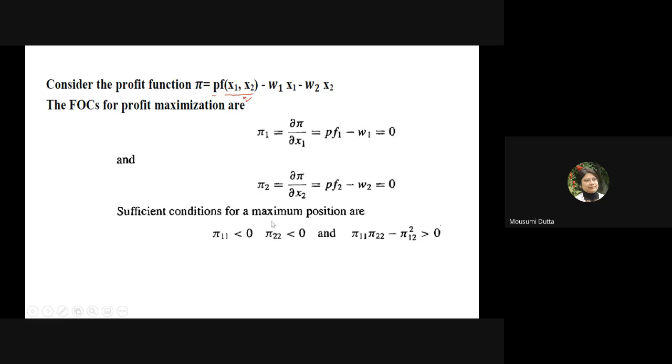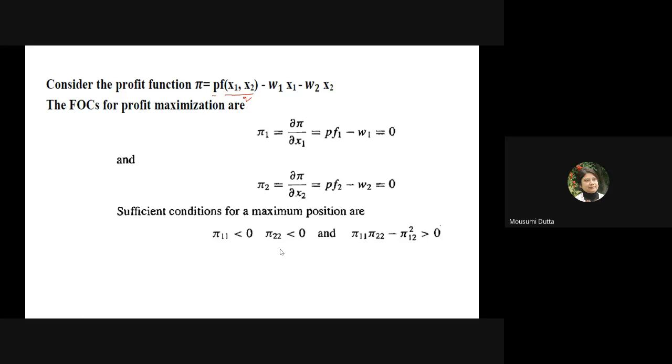Sufficient conditions for a maximum profit will be given by pi 1 1 less than 0, pi 2 2 less than 0, that is, mod h1 less than 0. So we are considering the Hessian determinant. The Hessian determinant should alternate in sign starting with negative.